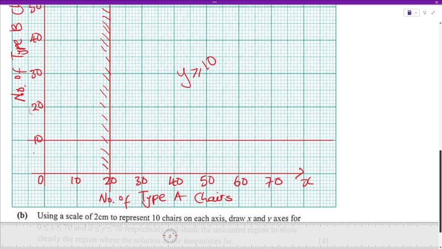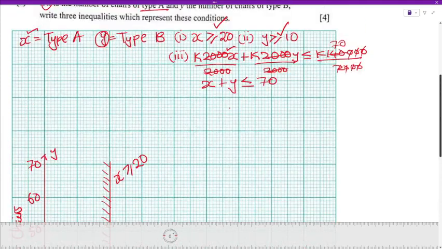So we shade down here. That is y is equal to 10, like that. Then you can even name it to say this is y is greater than or equal to 10, and you are done. We now go to the next one, which is this one here.